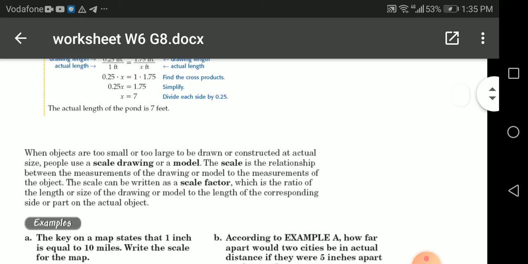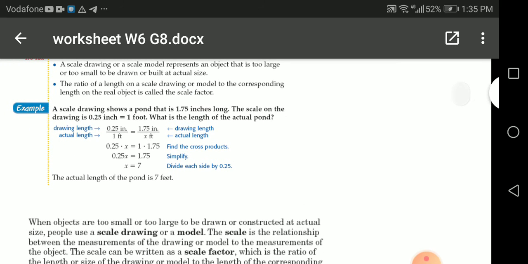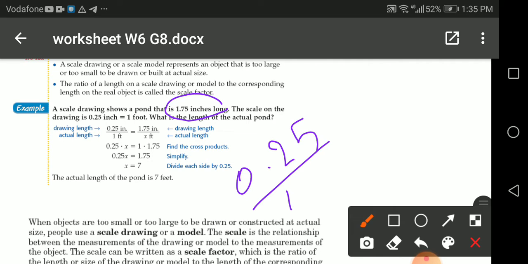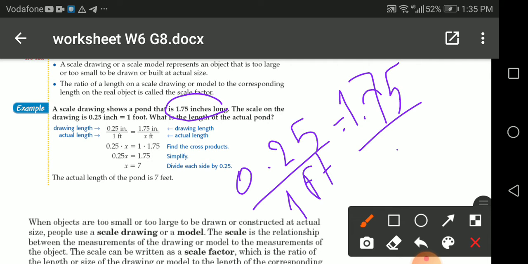If the example says a scale drawing shows a pond 1.75 inches long, this is the actual drawing, and the scale of the drawing is 0.25 inches for 1 foot. And the actual length by feet is what we need.